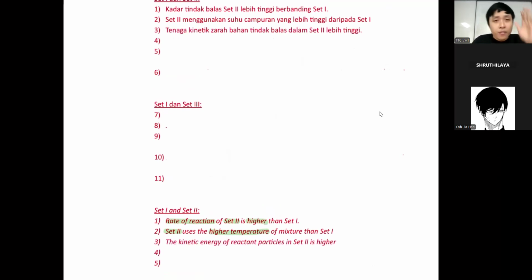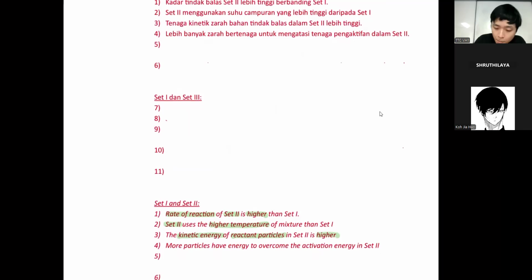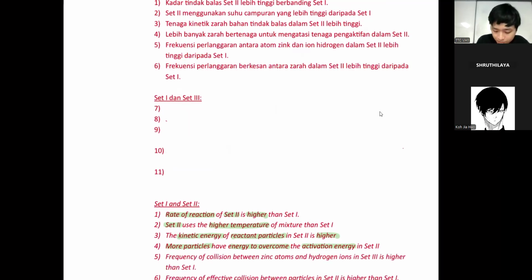Then remember to touch on the kinetic energy. So the kinetic energy of reactant particles in set 2 is higher. Then you touch on more particles having energy to overcome the activation energy. Then the fifth and sixth points, same.